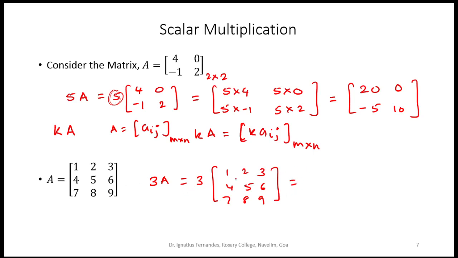To carry out this scalar multiplication, you will multiply this 3 to each of these elements. 3 into 1 is 3, 3 into 2 is 6, 3 into 3 is 9, 3 into 4 is 12, 3 into 5 is 15, 3 into 6 is 18, 3 into 7 is 21, 3 into 8 is 24, 3 into 9 is 27. So in scalar multiplication, you multiply a scalar to a matrix. That means this scalar value is multiplied to each and every element of the matrix.